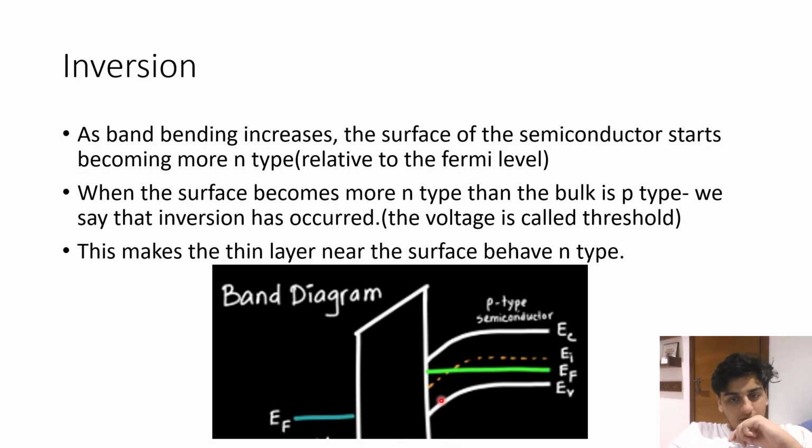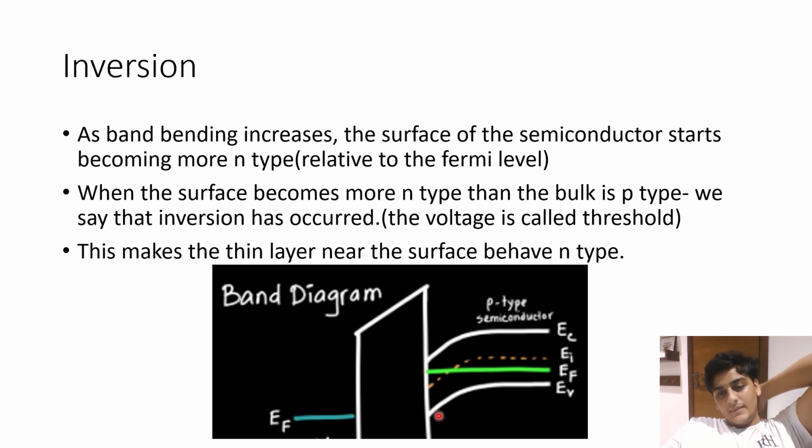Focus on the extreme left where my pointer is pointing right now. If you see, the Fermi level is now closer to the conduction band than the valence band. And this is essentially at the extreme left behaving more like an N type than a P type.